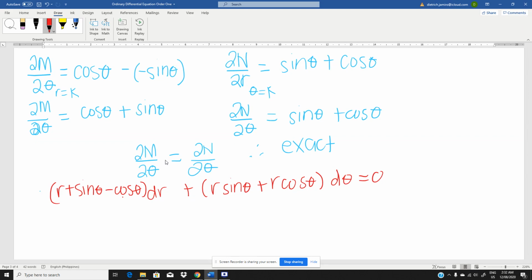On the first term, we will consider theta as a constant. On the second term, we will consider only pure theta only.